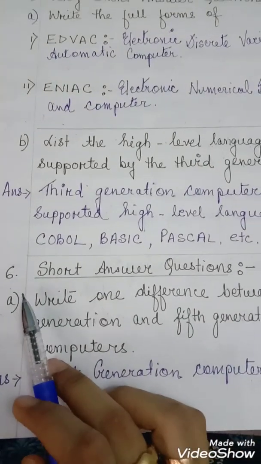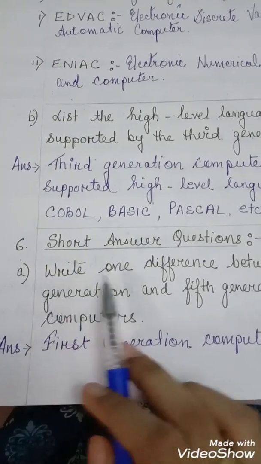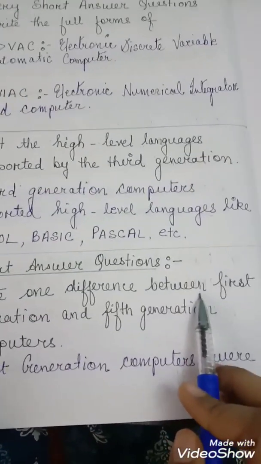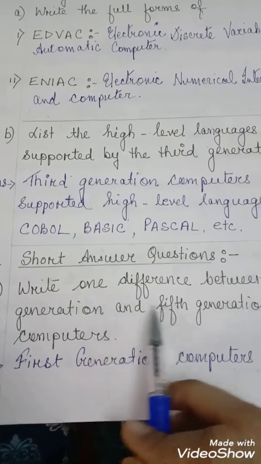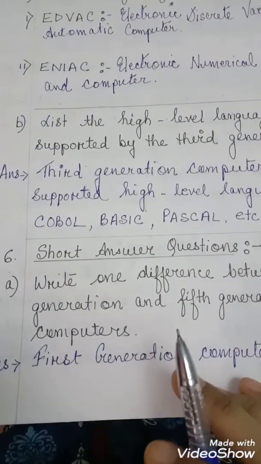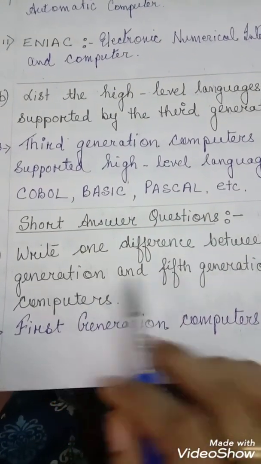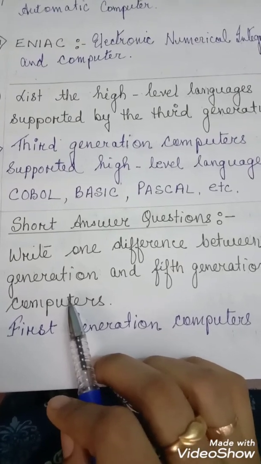Now number 6, short answer questions. Number A, write one difference between first generation and fifth generation computers. So what you have to do here, you have to write one difference between first generation and fifth generation computers.